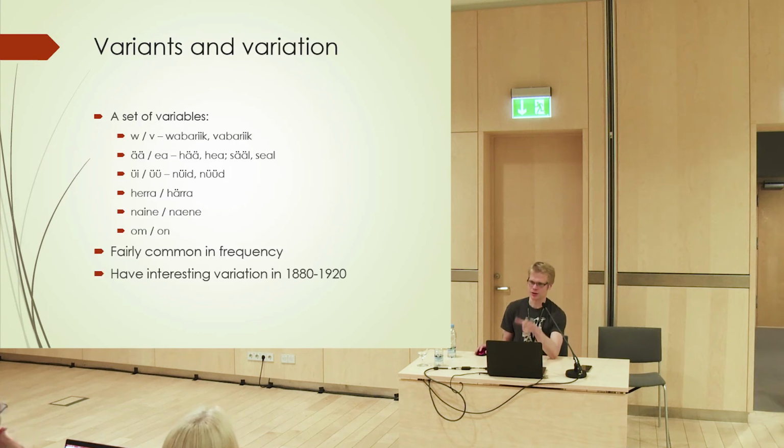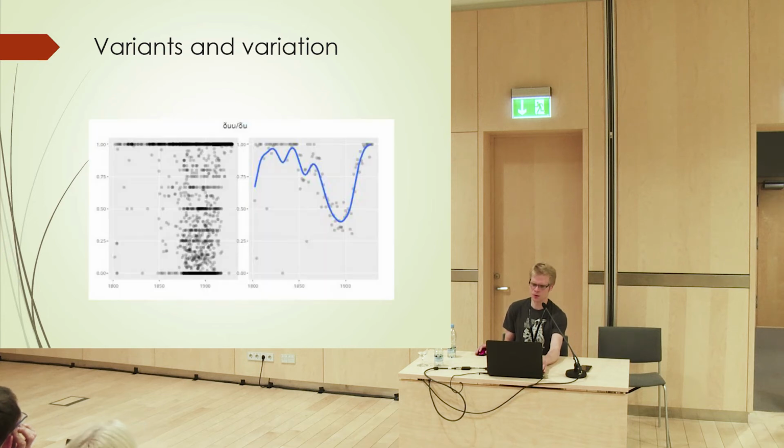So I picked a set of variables that were easy to track, also in OCR text. So for example, whether it's a V, double V or V, A or Ea, V or U in these couple of words. Then how they pronounce this Herr, for example, in German, Naine versus Naine, versus on. They usually had a dialectal background, and they were fairly common at the time, and still are as frequent terms.